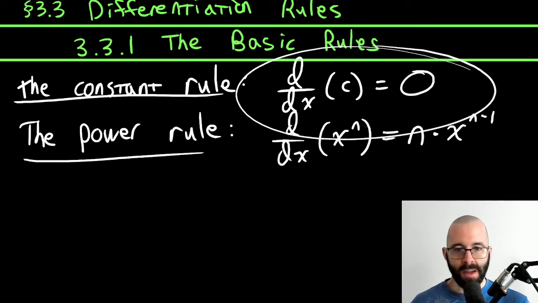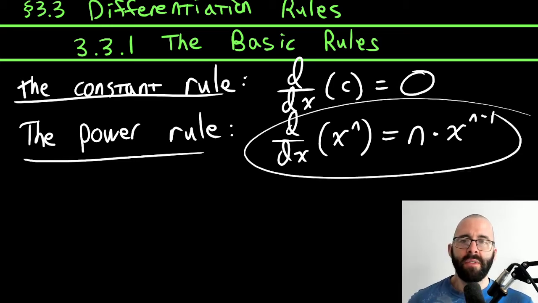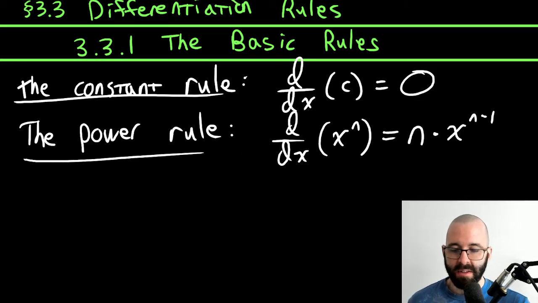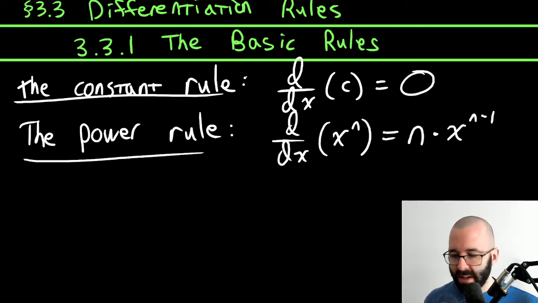You just look at the limit definition of the derivative, and for a constant function, that derivative is always going to be 0. Proving this, the derivative of a monomial, or even with fractional powers and negative powers, this one's a little bit more involved. It requires the binomial theorem, but it's not too bad. It's in the book, but I'm not going to be doing it here. I thought about it. This is true for any n.